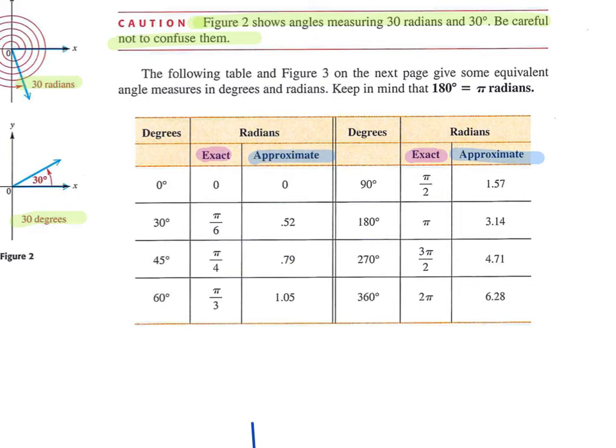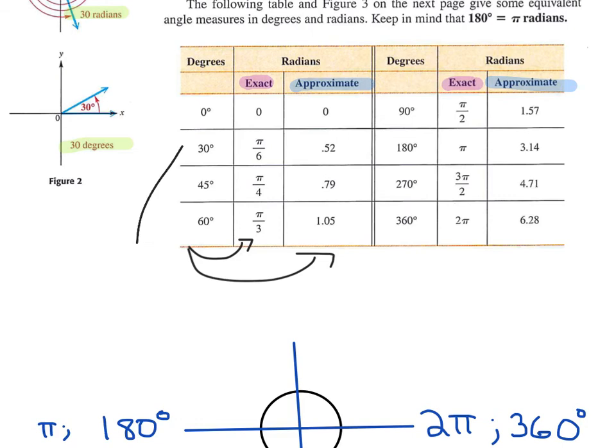You should know their exact and their approximate values. Again, to get the exact, just do the conversion. Let's say you blank out and you forget what the radian measure for 30 degrees is. Remember, you could just multiply it by pi over 180. And then once you simplify.